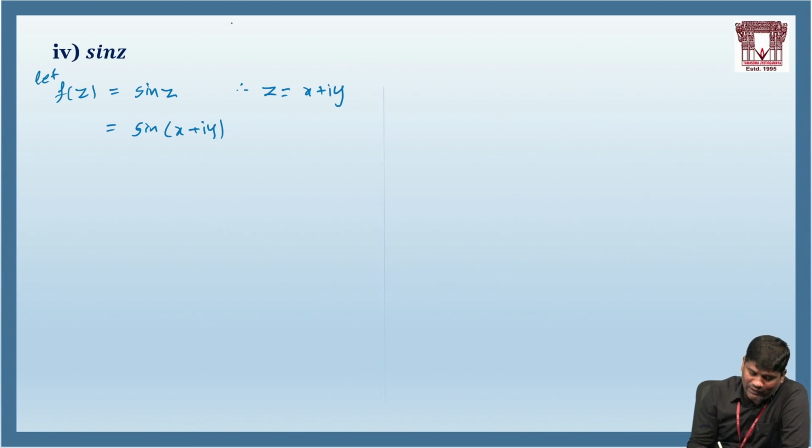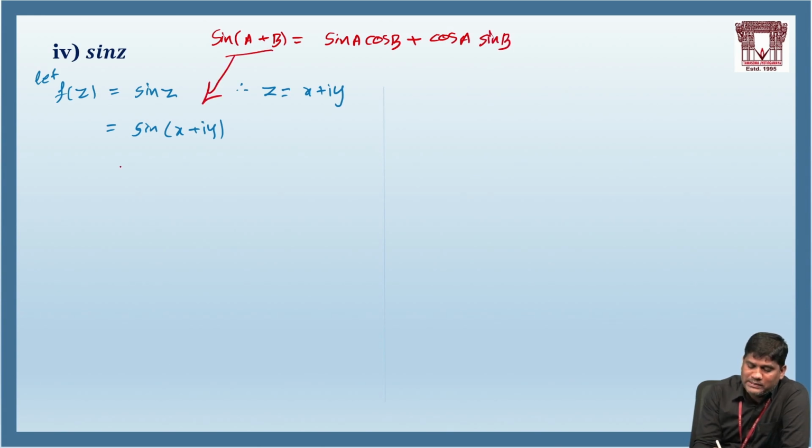Everybody knows sine of a plus b is equal to sine a cos b plus cos a sine b. Now we apply this principle, then we can write sin x into cos iy plus cos x into sin iy.